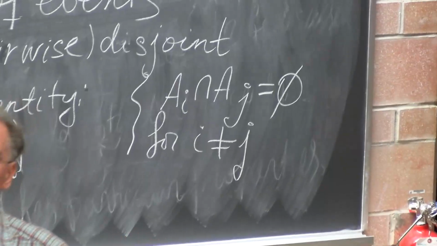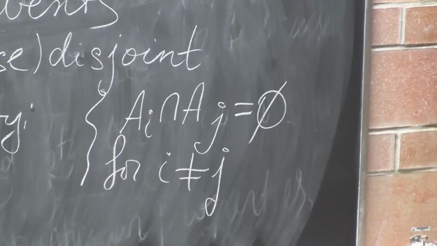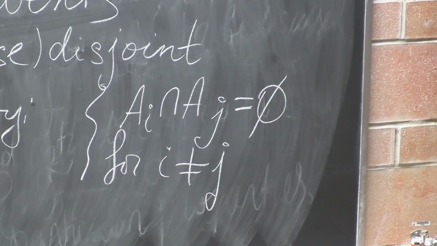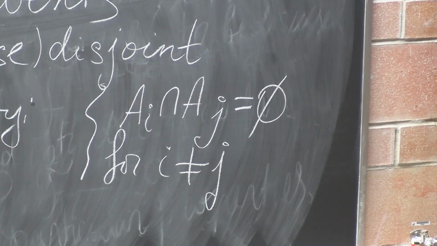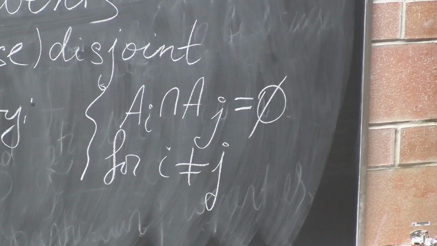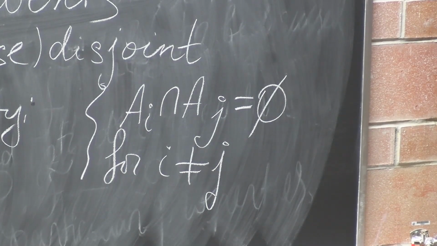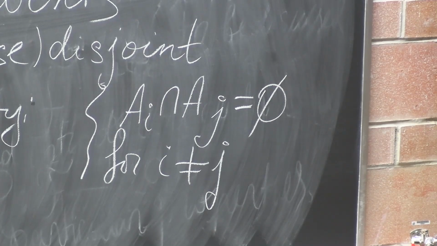So it's basically the same thing as disjoint events, but we deal with pairs. But when we are going to consider independent events, then for independent events, there is a difference between pairwise independence and total independence of the set of events, as some of you might still remember.